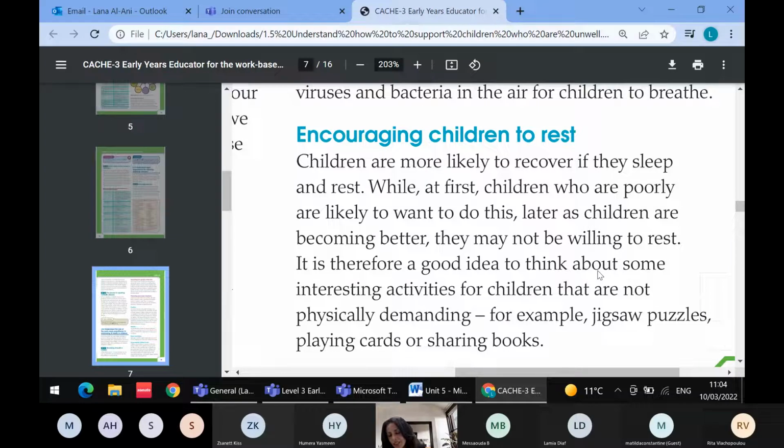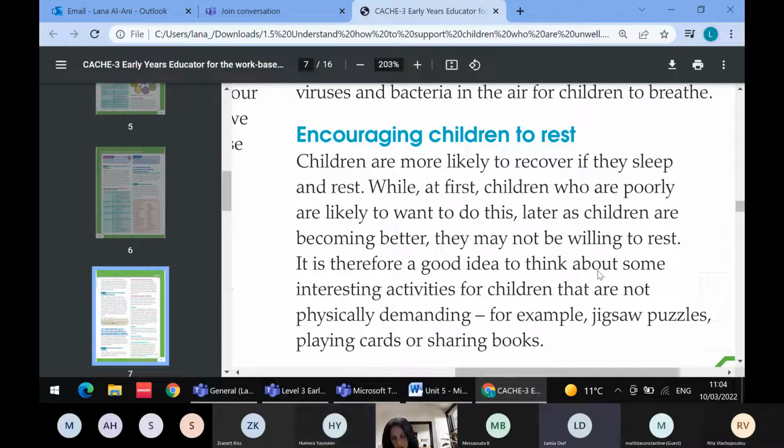Also, we encourage the children to rest, to have a little bit of sleep. Yes, we said we want to encourage them to move for their circulation, but we also encourage them to sleep. So encourage them to have a nap if they feel unwell. Why? Because this will make them feel better. And eating well.